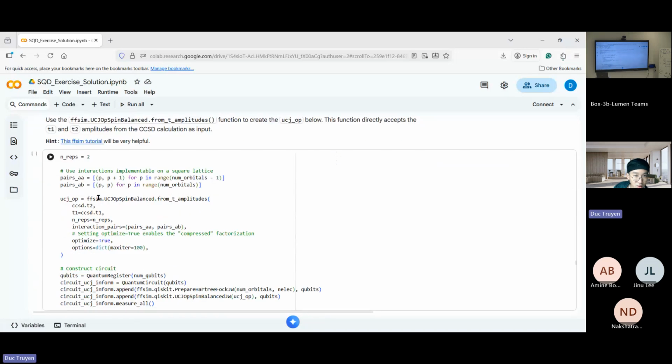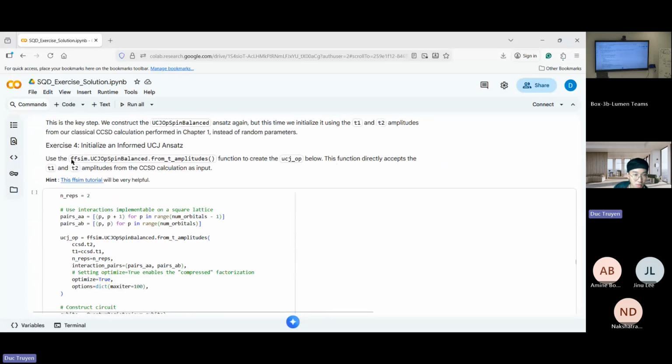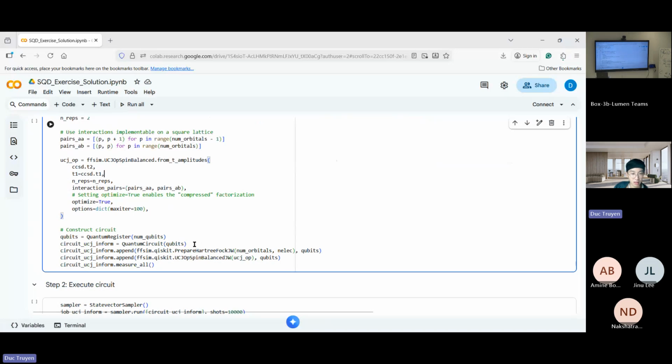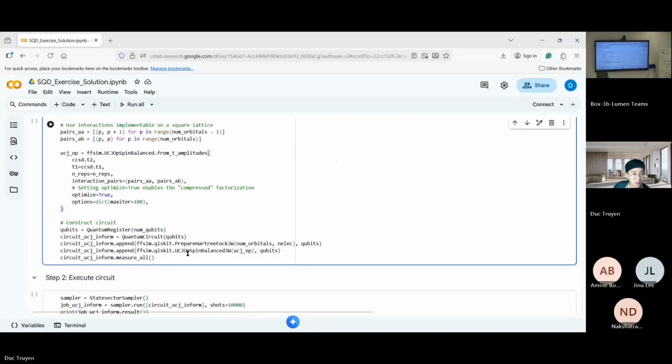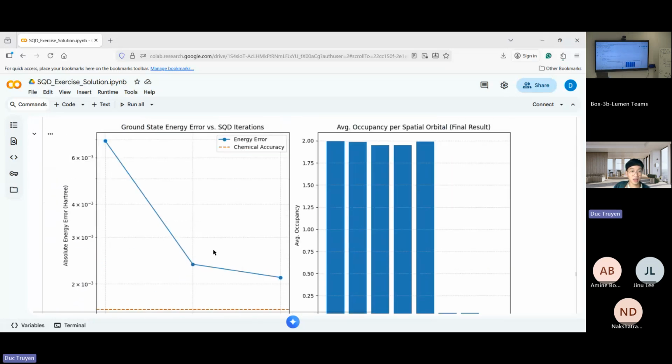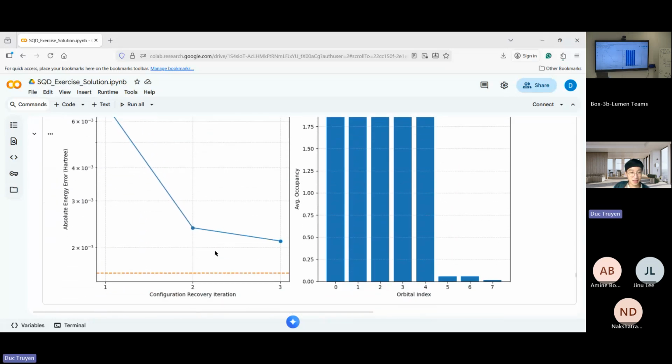Basically, you will use this function, the result above here, to get the information pre-calculated by the classical method, and then construct the ansatz and execute. That's my problem.